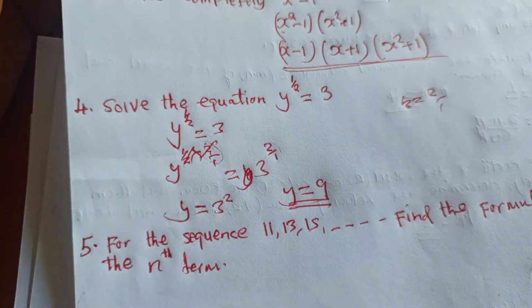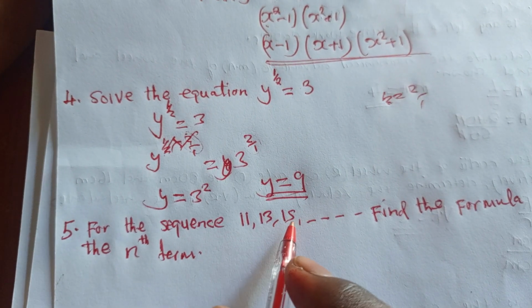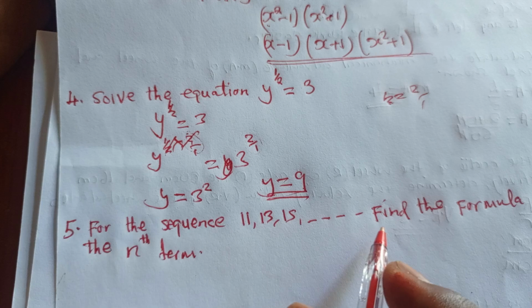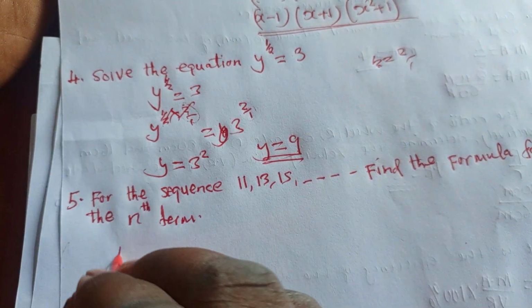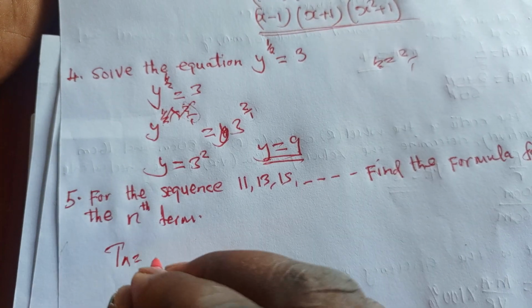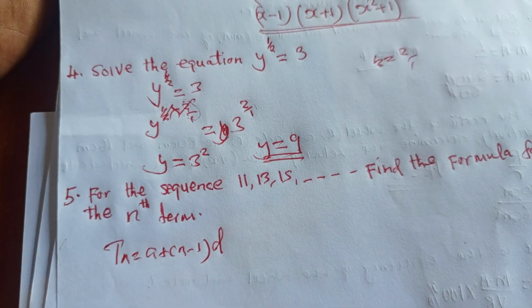Then I'll go to the last question. For the sequence 11, 13, 15, find the formula for the nth term. This is an AP, and the formula for the nth term is given by A plus n minus 1 times the common difference.